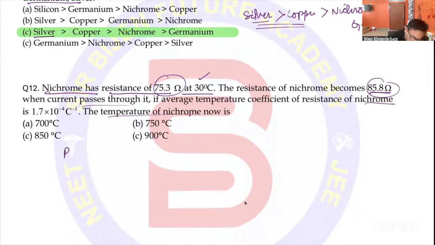We can use the relation R at the given temperature equals R naught, the resistance at the reference temperature, times 1 plus alpha delta T, where alpha is the temperature coefficient of resistivity.